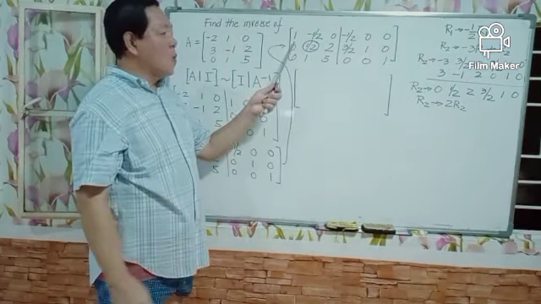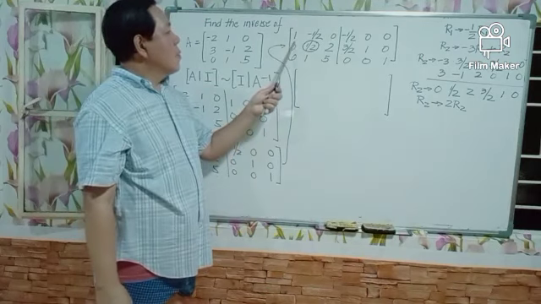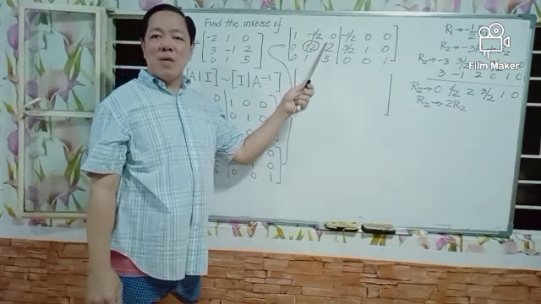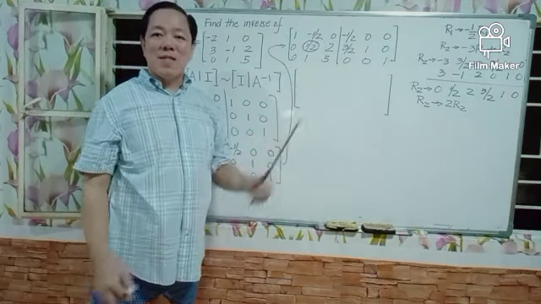Entries of row 1 are the same: 1, negative 1 half, 0, negative 1 half, 0, 0.